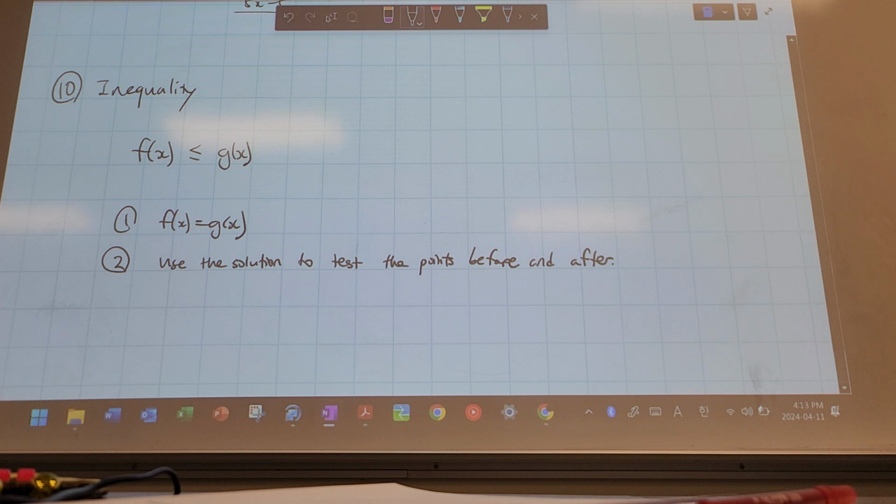So I'm going to test some points before the solution of this equation, and then some points after. Or if there are multiple solutions, I'm going to test the points in between as well. And then for each of them, I verify whether the inequality holds true or not. So that's one way to do it without the graph, obviously.